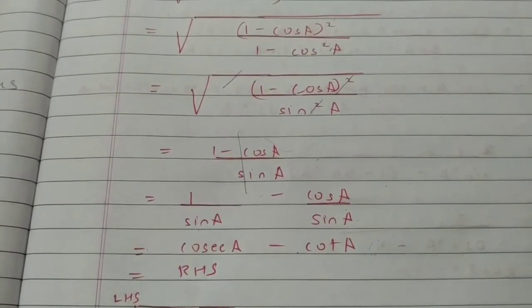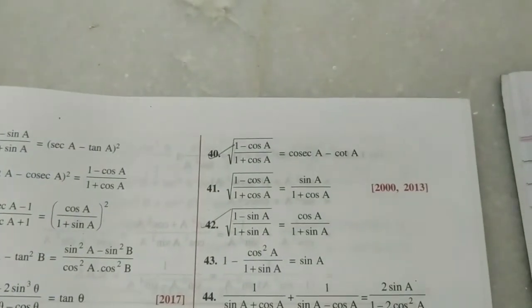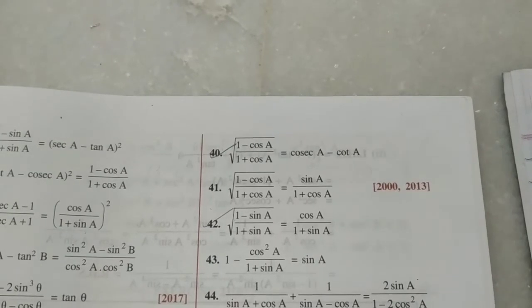Next, the 42nd sum is also a very similar sum. But the difference here is we will not take the conjugate of the denominator here. Rather, we'll take the conjugate of the numerator.